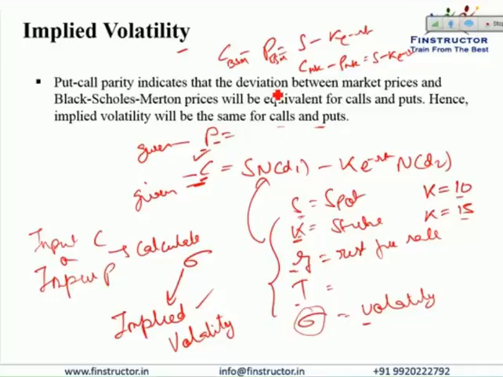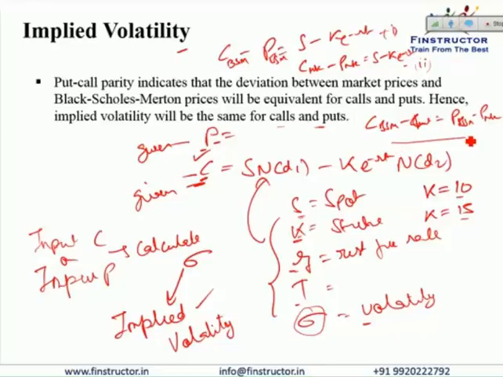Hence, the deviation in market prices between calls and puts, that is C of BSM from equations 1 and 2, we can derive that C of BSM minus C of market should be equal to P of BSM, the price of a put option from the Black-Scholes model, minus the price of the put option from the market.